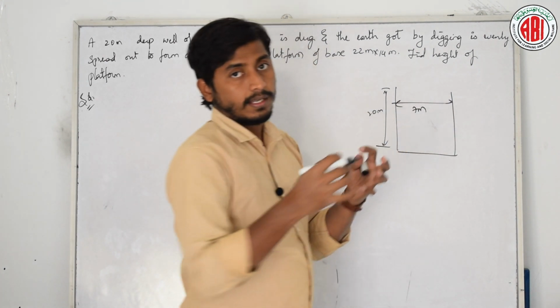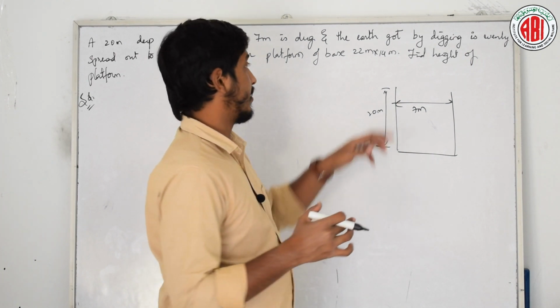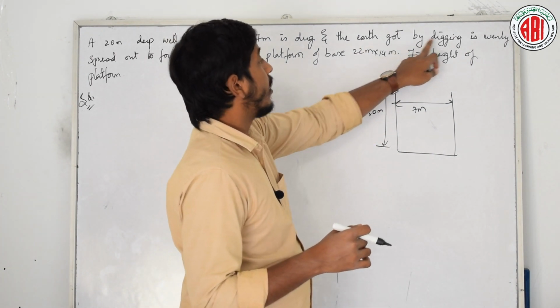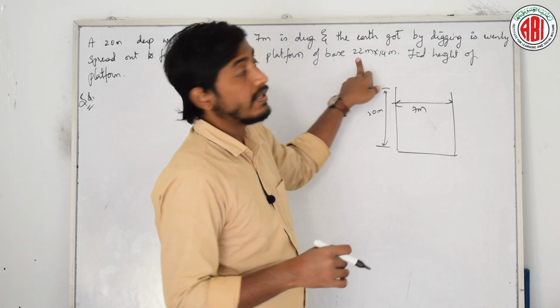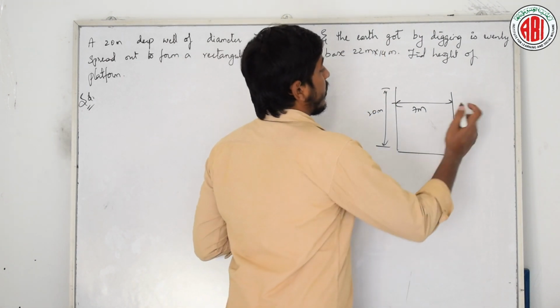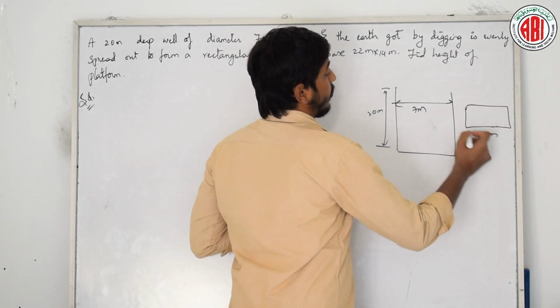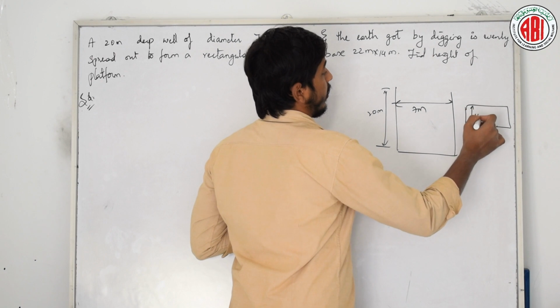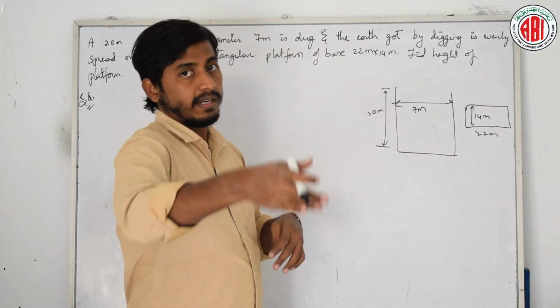The earth, whatever the soil or material it is, got by digging is evenly spread out to form a rectangular platform of base 22 by 14. The length is 22 and the breadth is 14.